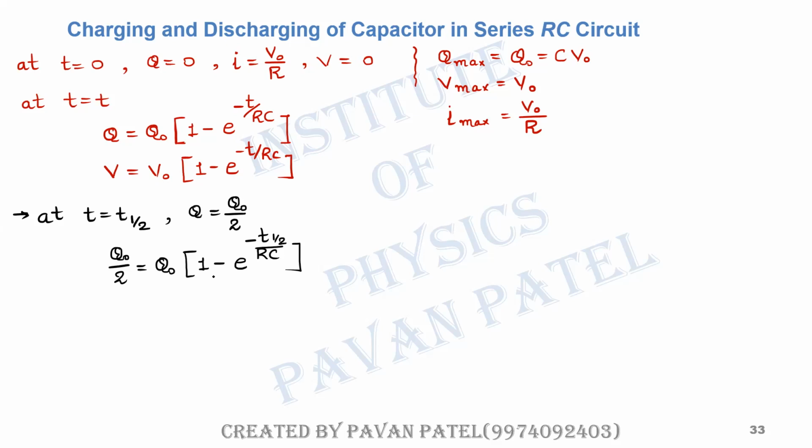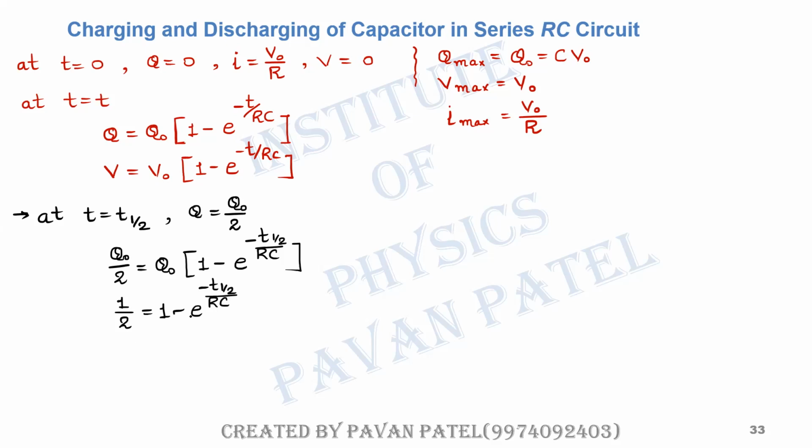Q0 will be cancelled. 1 by 2 is 2 raised to minus 1. So 1 by 2 is equal to 1 minus e raised to minus t half divided by RC.